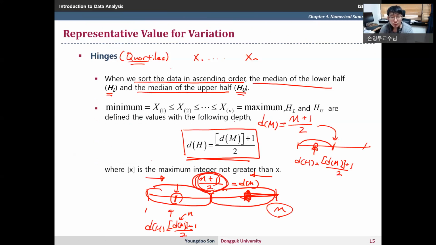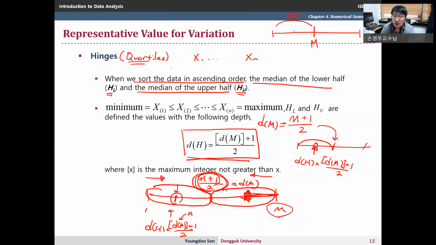So in the last class, we saw the hinges or quartiles. If the data points are ordered by their values in ascending order, the centered value, the data point located at the half of the data, is called the median, we know.